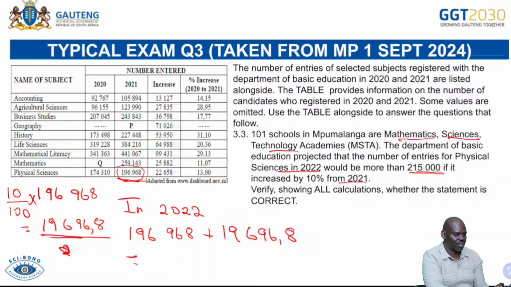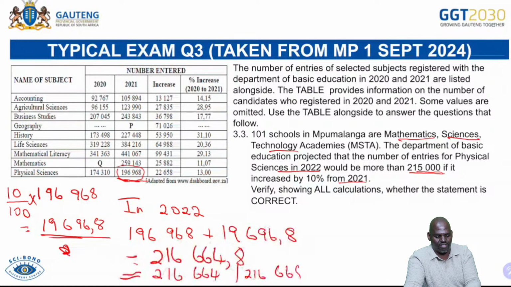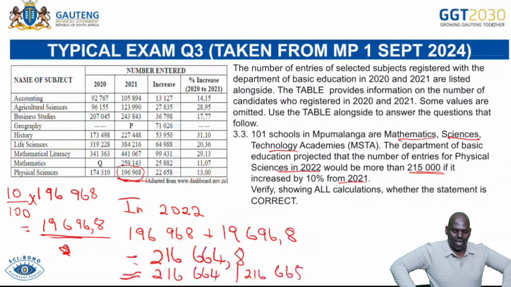I'm getting 216,664.8. And then we know that even if they had to say calculate the number, you can't leave it in decimal form. So in this case, you can say it's 216,664, or you can say 216,665, as long as you don't leave it as a decimal number.